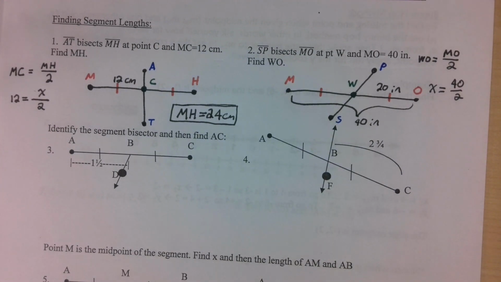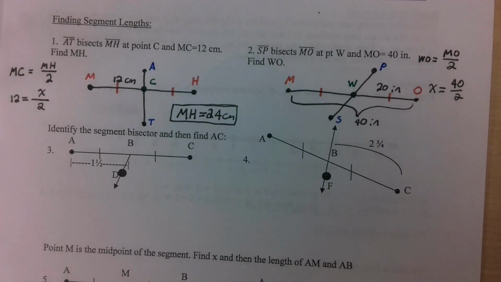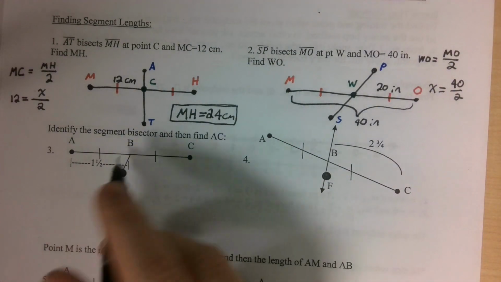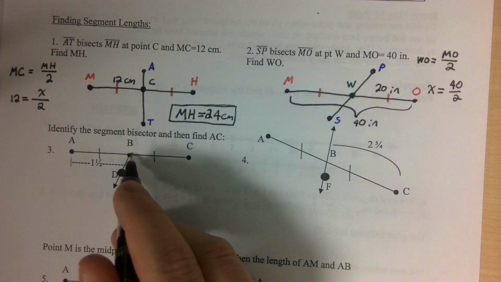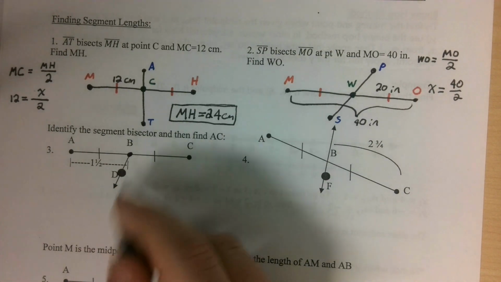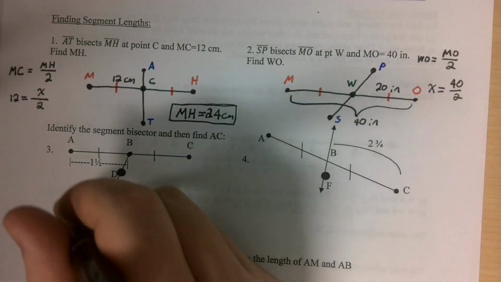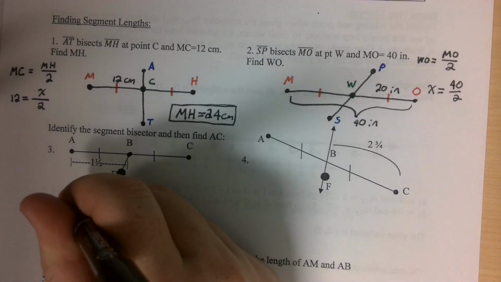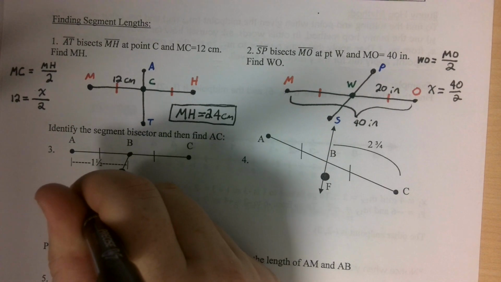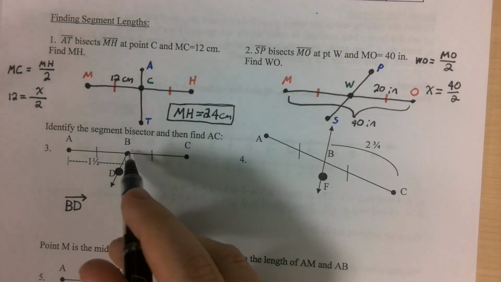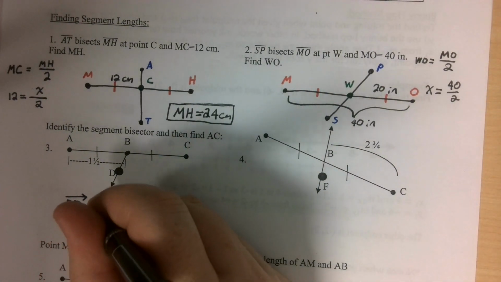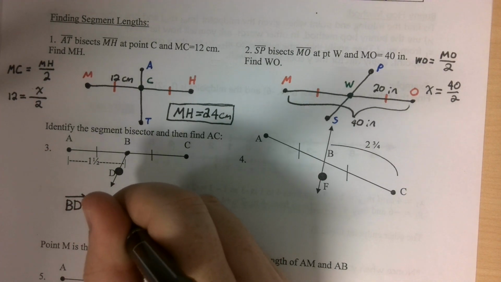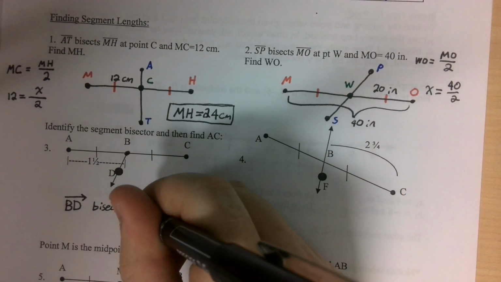Parts 3 and 4 have us identify the segment bisector and then find the length of AC. The segment bisector is whatever cuts the line segment in half. It seems like point B is where it's cut in half at, and this looks like it's a ray coming off of there. So we can say ray BD, again, rays have to go in the direction that the arrow is going, so it has to start with B and go through D, bisects line segment AC.